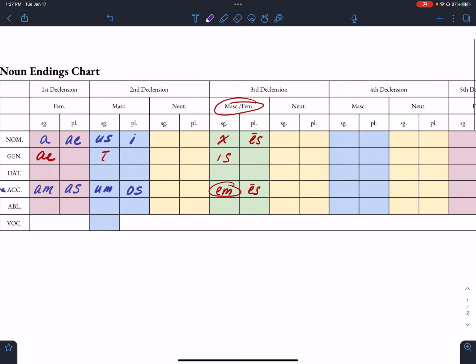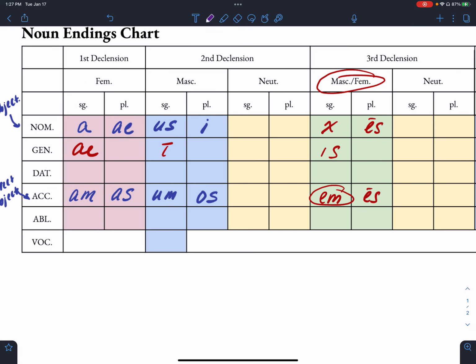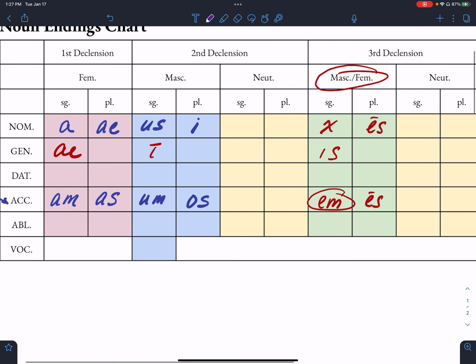Okay, so I'm going to zoom in here. Remember, we're not talking about neuter right now. We're just concerned with masculine and feminine. What's nice about the vocative case is that you're probably looking at me like, oh, Miss Slade, look at all these endings I have to memorize. That's so much. Don't worry. Here's the trick.